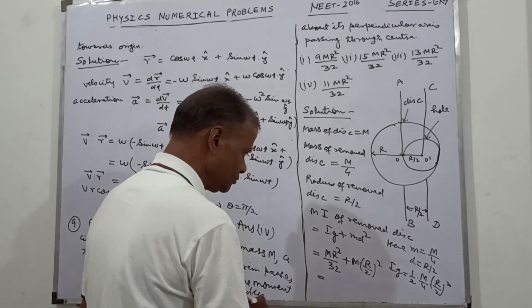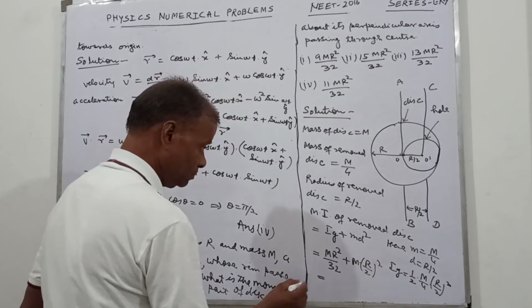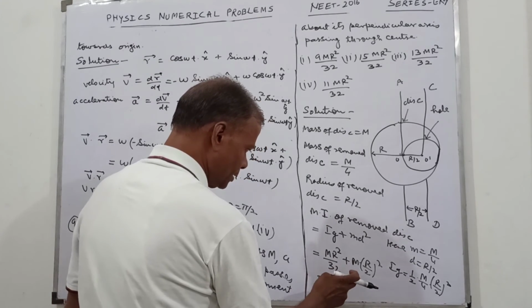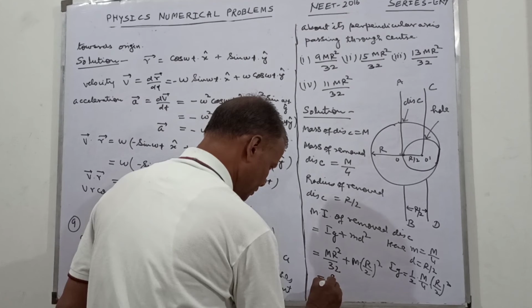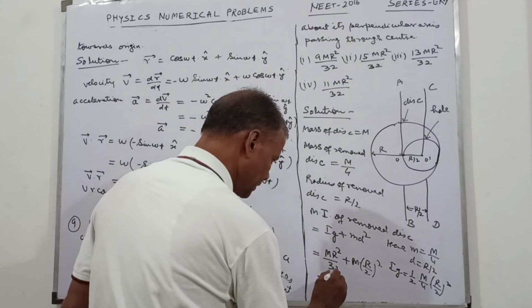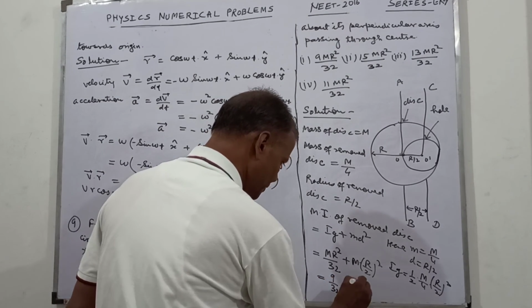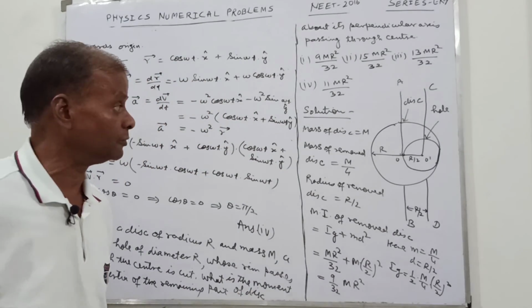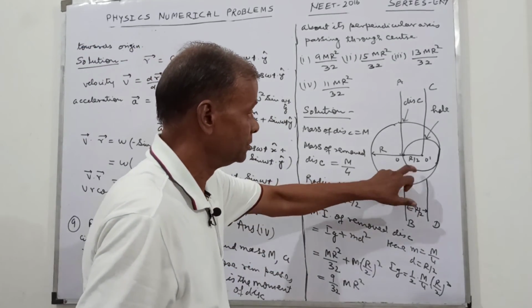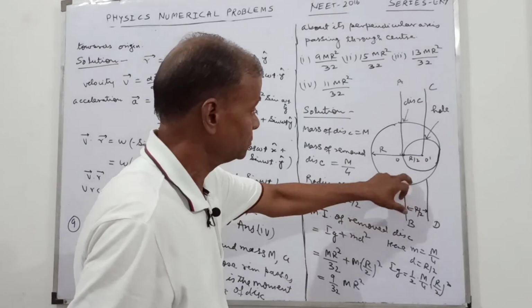So this is now 4, so 8 plus 1 is 9, so 9 by 32 mr square will come out. This is the moment of inertia of the removed disk or this hole.